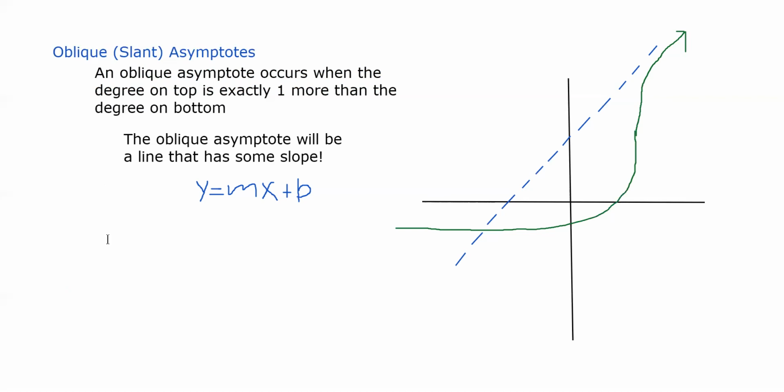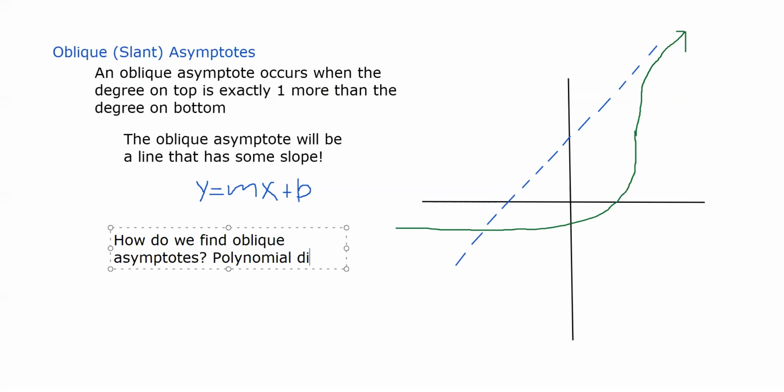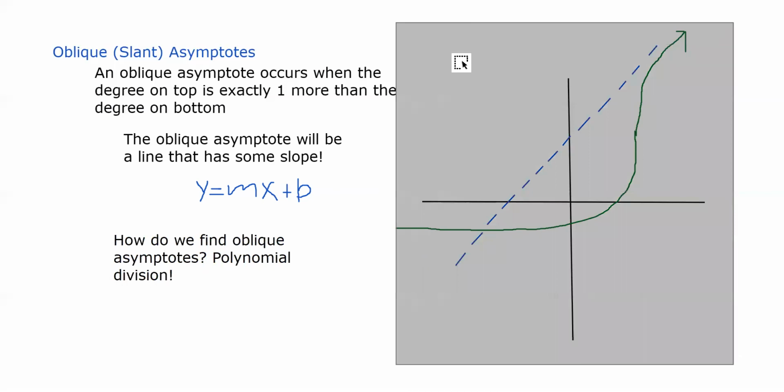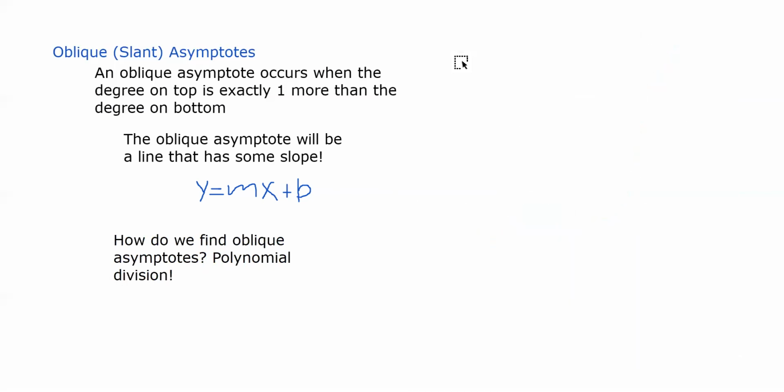So, how do we find oblique asymptotes? Why, polynomial division. That's correct. The way we're going to find oblique asymptotes, and really I shouldn't pluralize it, there's only going to be one oblique asymptote.